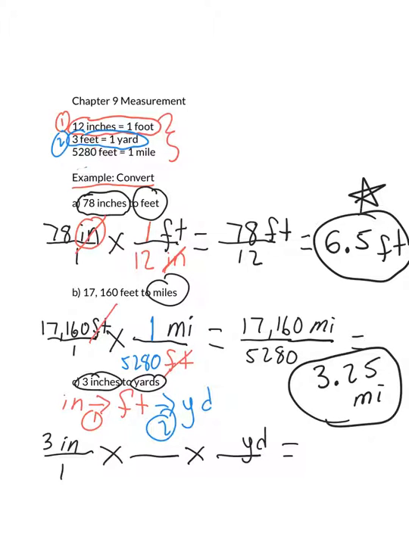Now step 2, we're ready to fill in all the blank spots. If in red I want to get rid of inches, that means inches is going to go on the bottom of the second fraction. And we're going to go from inches to feet, so feet is going to go on the top. And as you can see, that will successfully get rid of the word inches. Using equation 1 to fill in the numbers, there are 12 inches. 12 goes next to the inches for every 1 foot.